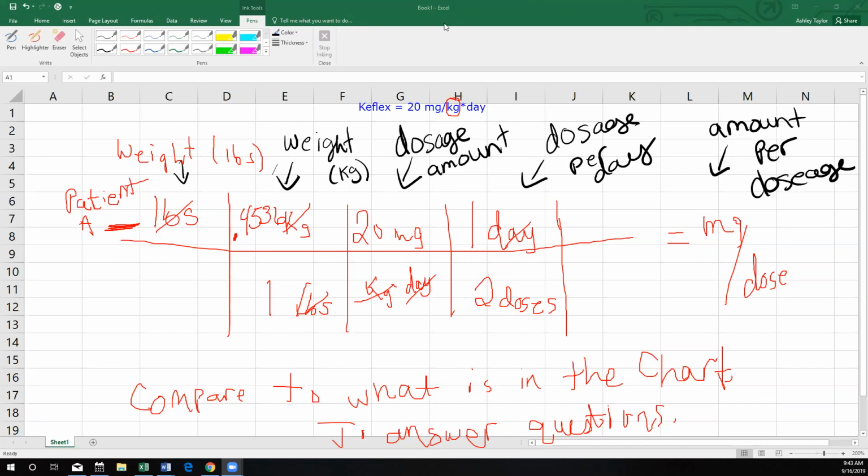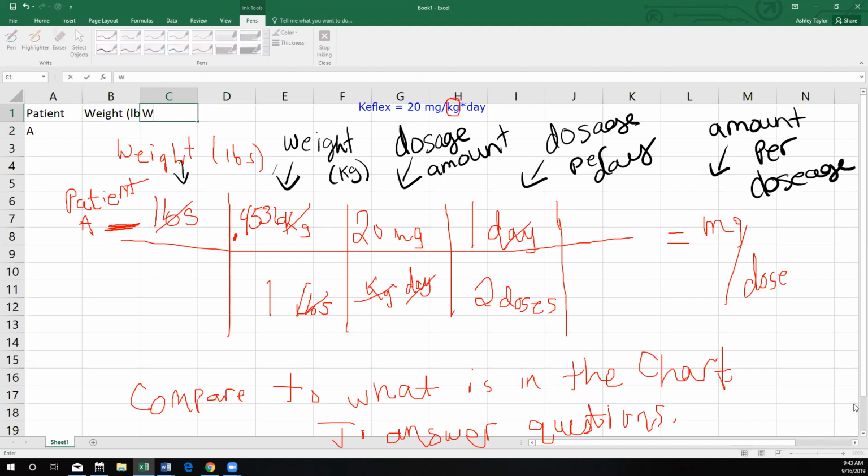So now I'm going to enter all of this into Excel. Okay, so I'm going to label my things up here. So patient. So I have patient A. And now I have the weight of that patient, weight in pounds.